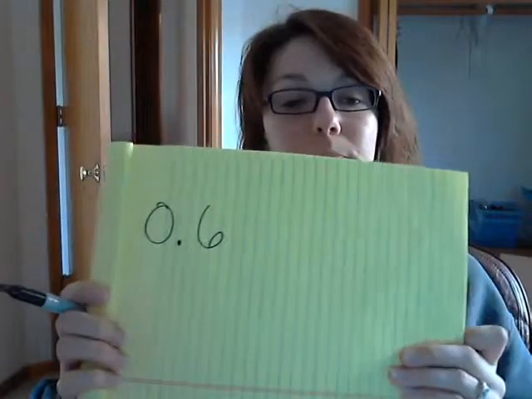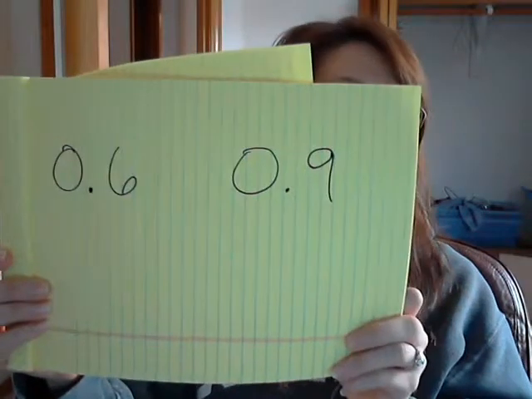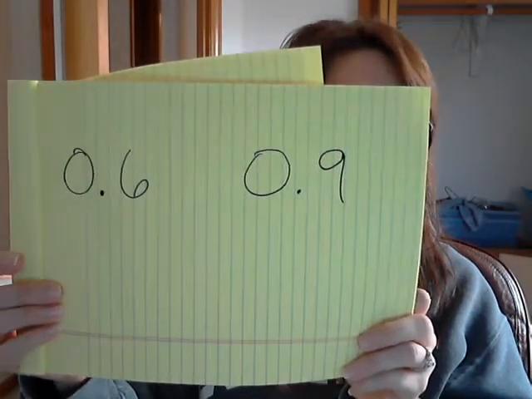Well, in your secret code cards, to build 6 tenths, you would use your 0.6 and 0.9 for 9 tenths. See if you can build these decimals with your secret code cards.